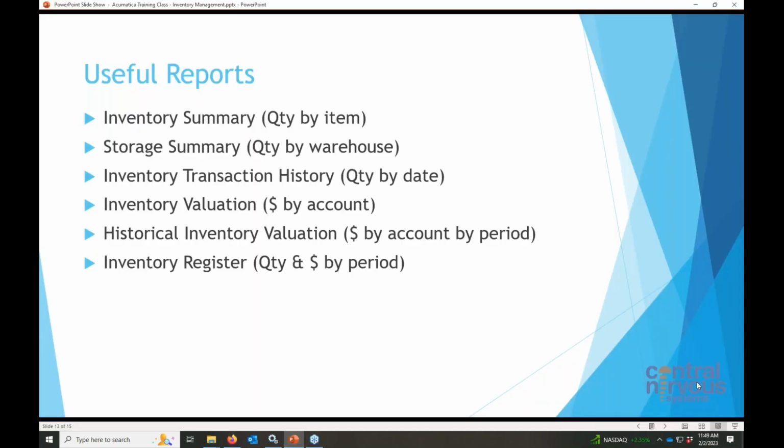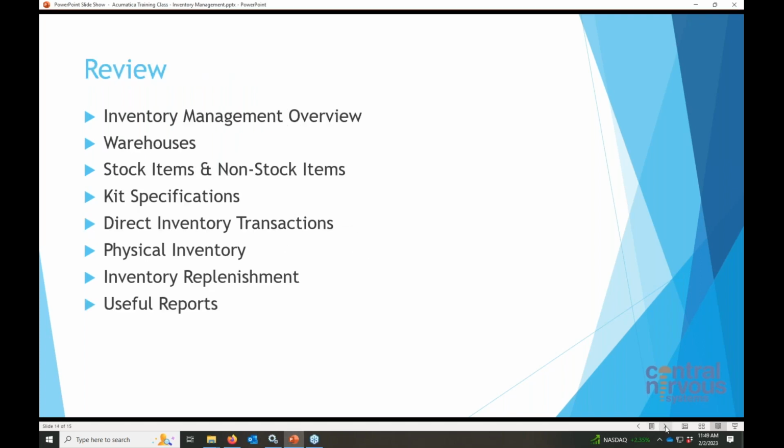All right, heading back into our presentation, we had a look at reports there. So let's have a review. We talked about inventory management and the various components that make up inventory management. We had a look at warehouses and the defaults and settings available there, particularly the locations within warehouses.